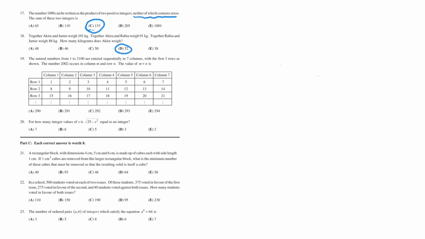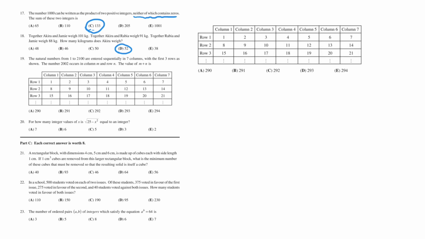Number 19. The natural numbers from 1 to 2100 are entered sequentially in 7 columns, with the first 3 rows as shown. The number 2002 occurs in column M and row N. The value of M plus N is... So there are 7 columns.